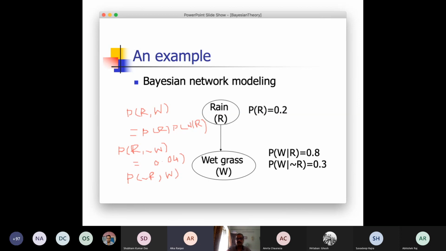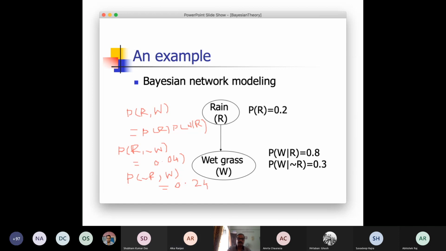What is the probability of not R? It is 1 minus the first one, that is 0.8. The probability of not R is 0.8, multiplied by the probability of W given not R, which is 0.3. So 0.24. And then what is the probability of not R, not W, the other combination?